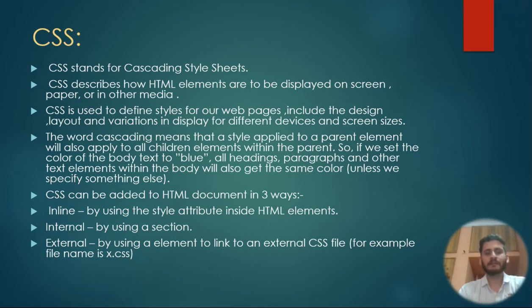CSS can be added to an HTML document in three ways: inline, internal, external. Inline by using the style attribute inside HTML elements, internal by using a style section, and the last one is external by using a link element to link to an external CSS file. For example, the file name is x.css.